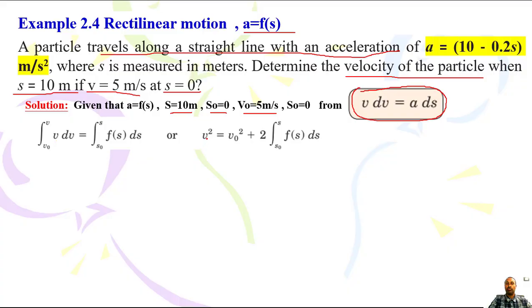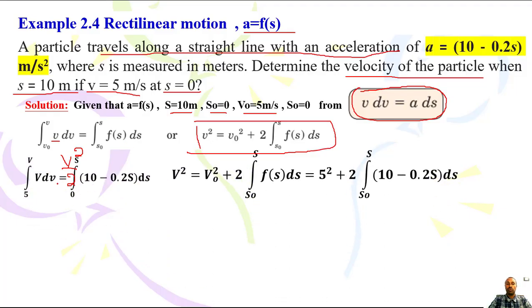Then here will be v square minus v0 square, because this is v square over 2 after integration. So if you substitute v and v naught, it will give you like this. Then if you multiply the 2 to the other side, it will give you like this. So this is the equation to compute the final velocity.